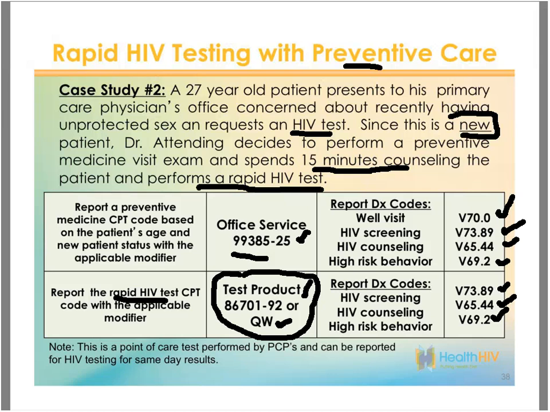But again, the diagnoses that you report should coincide with the reason for the test or the reason for the visit. And so if your payer deems V70 as not applicable for this test, then you should not be reporting it. And I think a question came up.